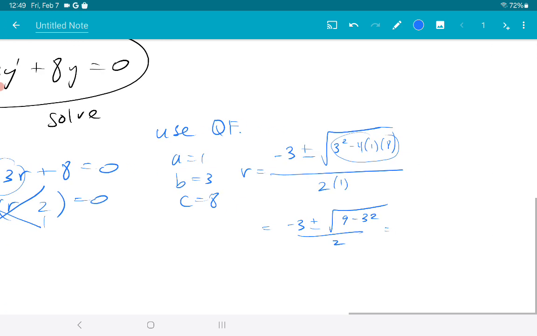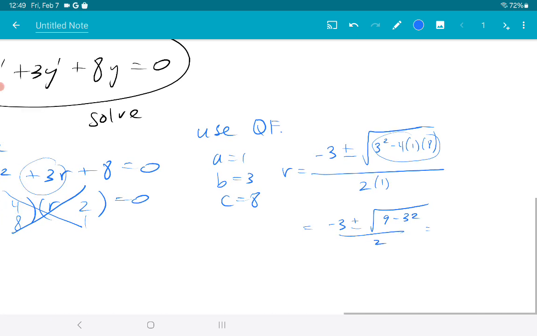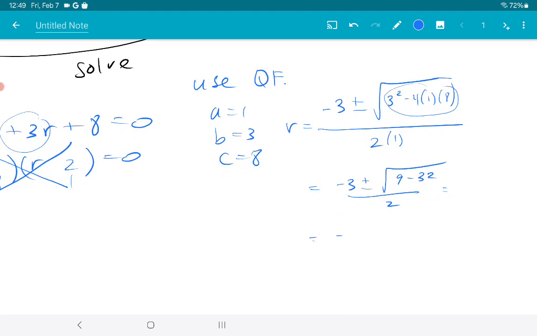All right, so we're going to get negative 3 plus or minus the square root of 9 minus 32. So let's see, that's negative 23, because 23 plus 9 is 32, and there's more negatives than positives. So it's negative 23.